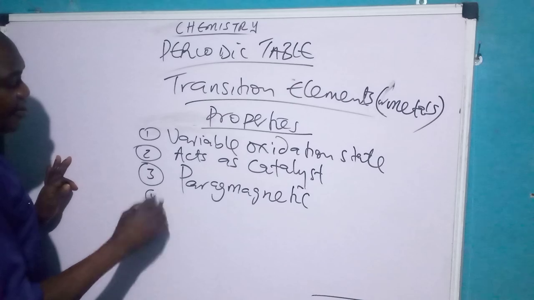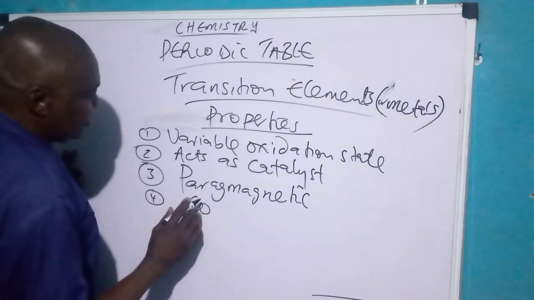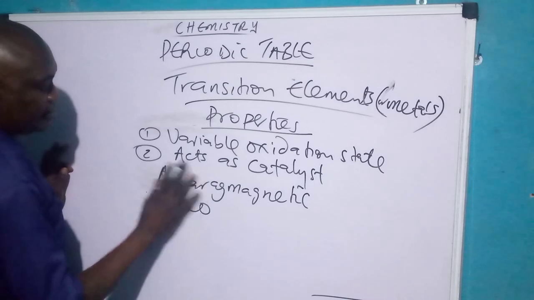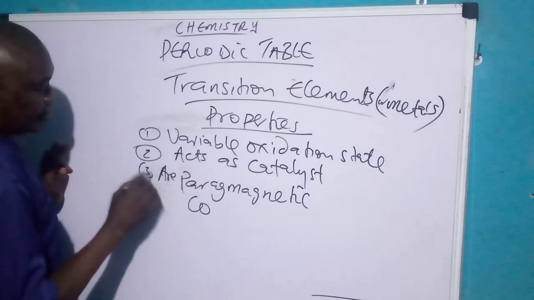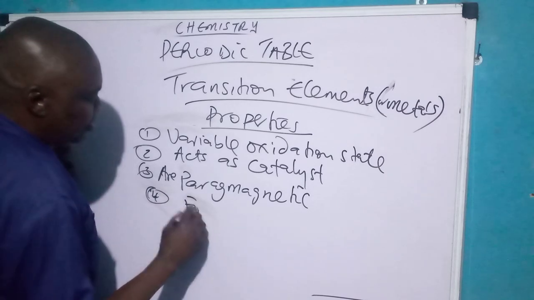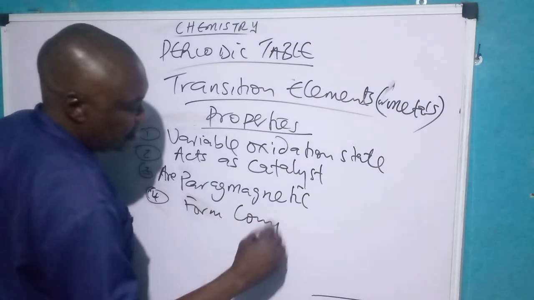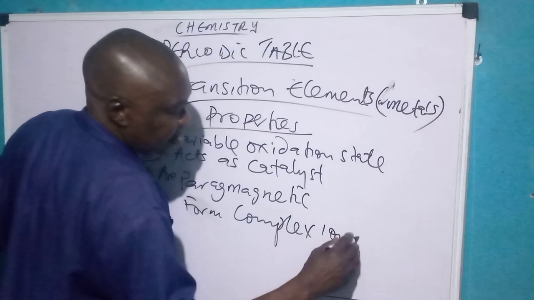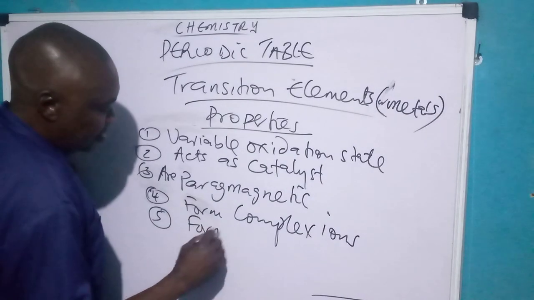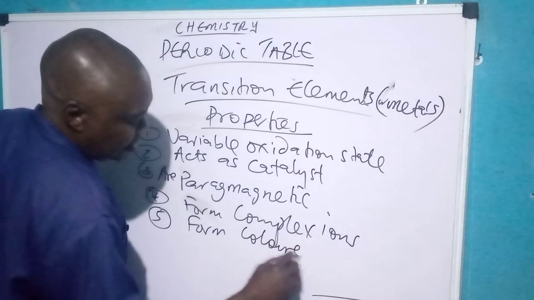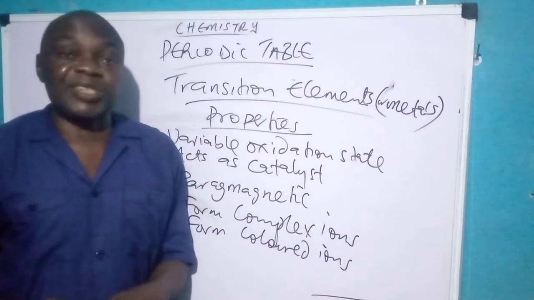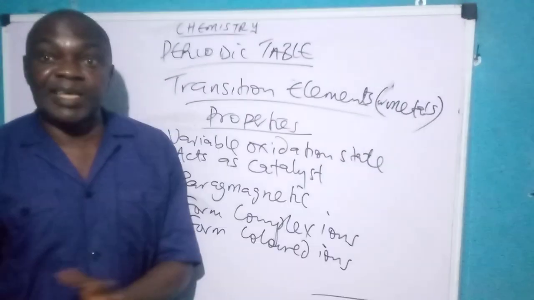You have 4, they form complex ions. Then the last one, they form colored ions. So these are the peculiar properties of transition elements, not the one for S and P that I just listed before for you.